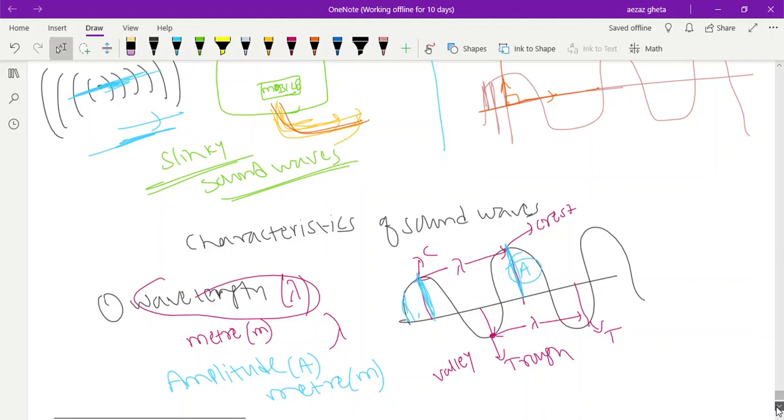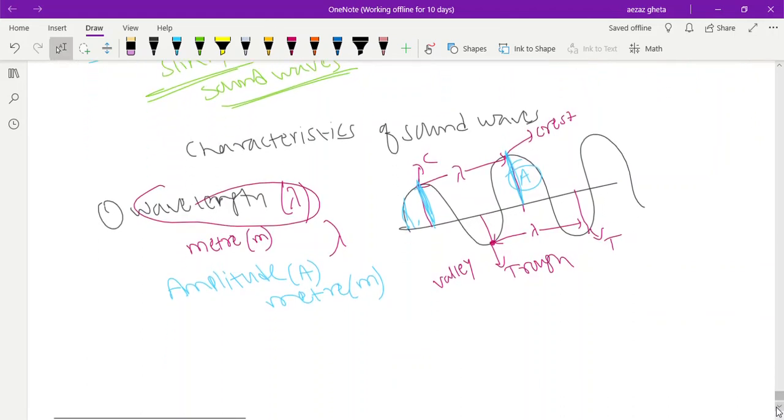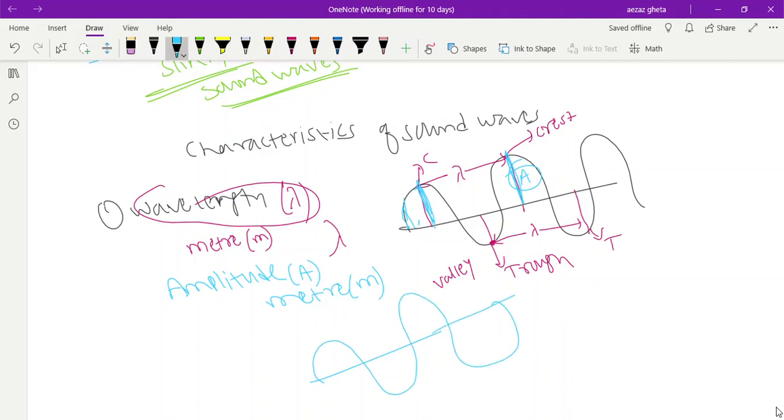After this we have time period. What is time period? The time taken by two consecutive compressions or rarefactions to cross a fixed point. For example, if I talk about crest and trough, these are two consecutive crests. How much time will it take to cross one particular point?